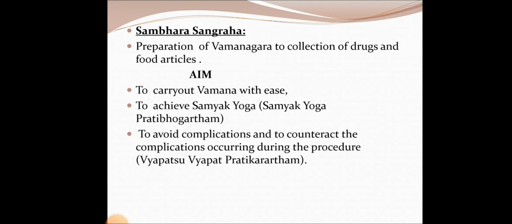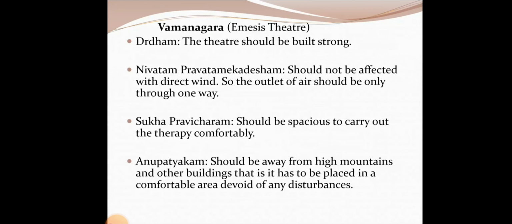Next is Vamanagara. How should be the Vamanagara or emesis theatre? Some qualities are mentioned. Okay. Next slide, please. Dridam, that is, the theatre should be built strong. Nivata, Pravata Ekadesham, should not be affected with direct wind, so the outlet of air should be only through one way. Sukha Pravicharam should be spacious to carry out the therapy comfortably.